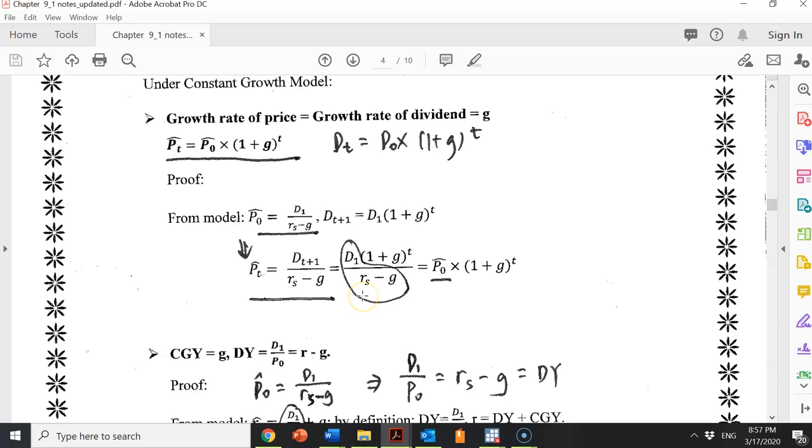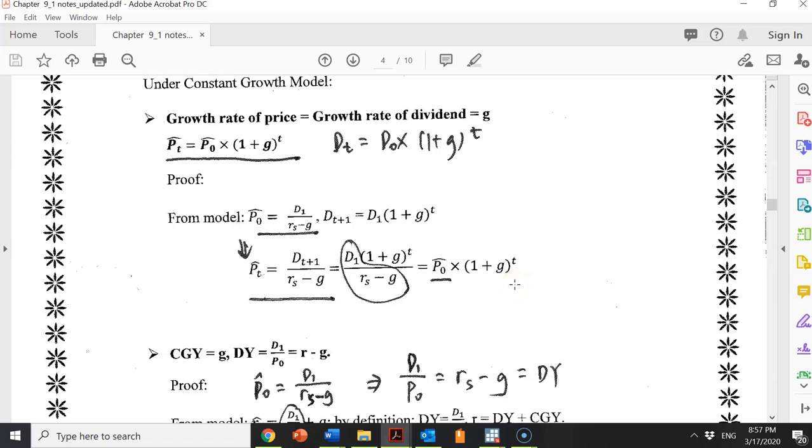Okay, and if we divide by Rs minus g, this becomes Pt. And we know that this first part, D1 over Rs minus g, is also P0, so we can replace it again. So our Pt becomes P0 multiplied by (1 plus g) to the power of t.